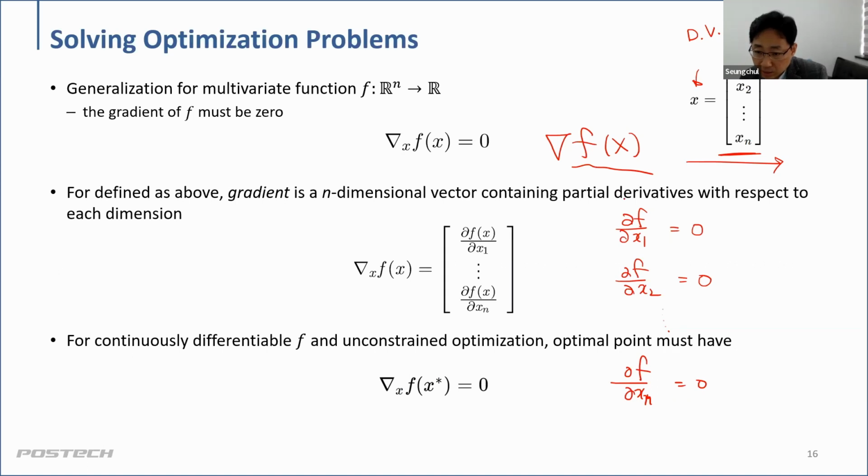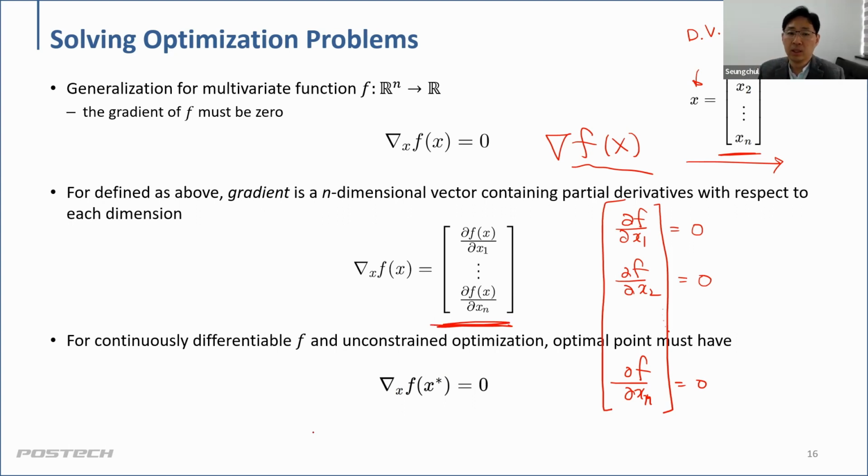And again, if you have more than one, I like to put them in a column vector. And actually that's the definition of the gradient. For multivariate optimization problems, compute the gradient and set it equal to the 0 vector. This is a 0 vector, because on the right side we have all zeros.